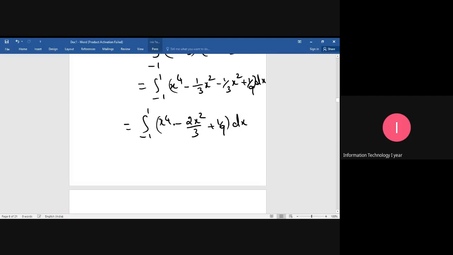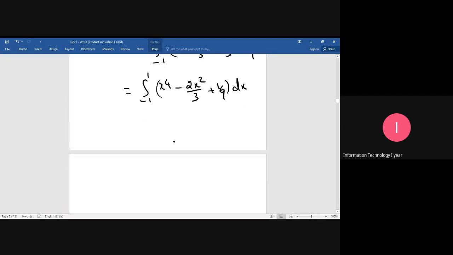Okay. So therefore, integrate it now. Integration is x power 5 by 5 minus 2 by 3 into x cube divided by 3, since the integration of x² is x cube divided by 3. 1 by 9 is a constant, so 1 by 9 x. Limit is minus 1 to 1. Applying the limit, the upper limit gives 1 by 5. Substitute x by 1: minus 2 by 9, since 1 power 3 is 1 only.